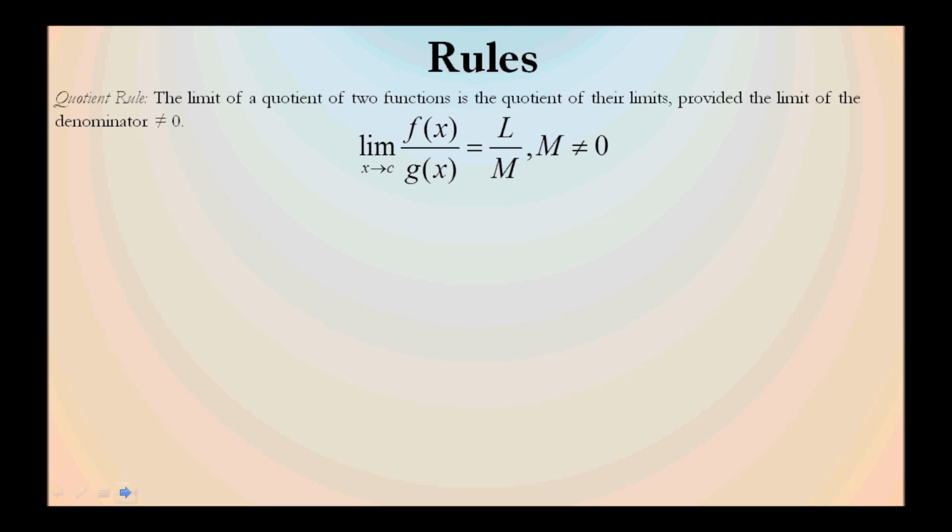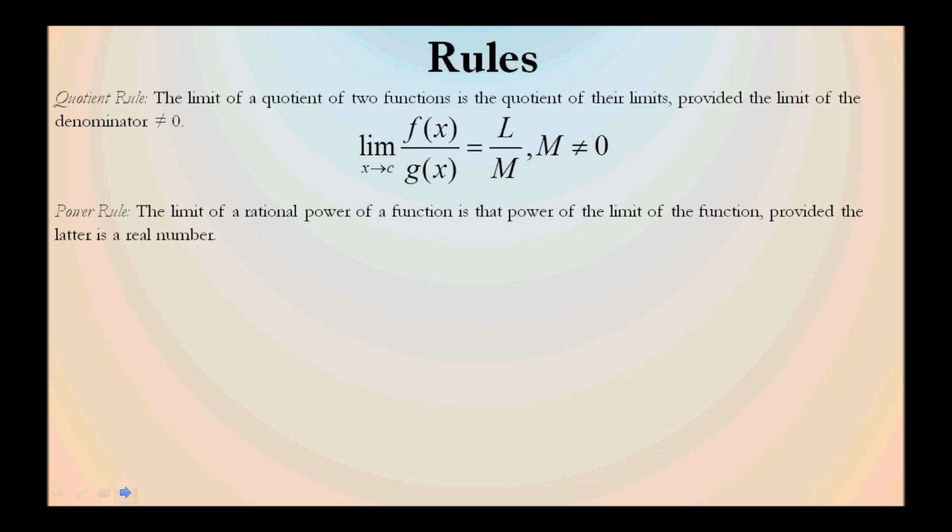So the limit of f of x divided by g of x as x approaches c is equal to L divided by M, or the limit of f of x as x approaches c divided by the limit of g of x as x approaches c, where M can obviously not equal 0.